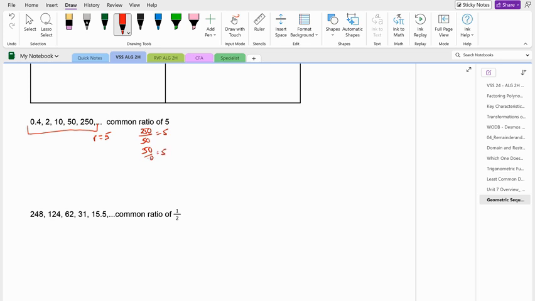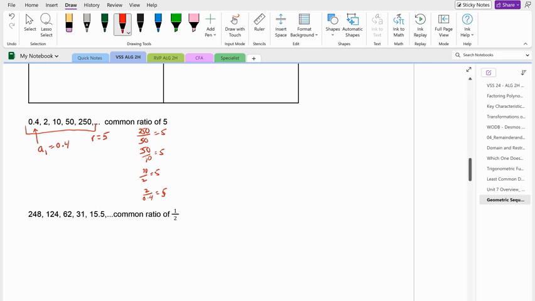The 250 divided by the 50 is 5, and the 50 divided by 10 is 5. 10 divided by 2 is 5, right? So if you're checking what is the common ratio, you divide every term, and if you get the same number every time, then that is your common ratio, r equals 5. And we would have to know the first term, a sub 1 equals 0.4.